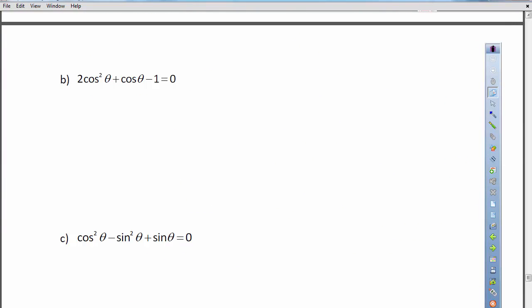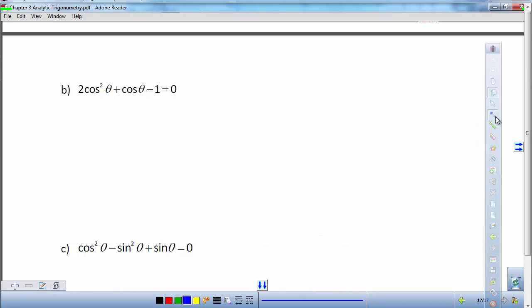All right, for B, we've got 2 cosine squared theta plus cosine theta minus 1 equals 0. For this one, what do you think we can do? We're going to need to factor, right? This is just like factoring 2x squared plus x minus 1, except instead of x's, we have cosine theta. So how would we factor this?